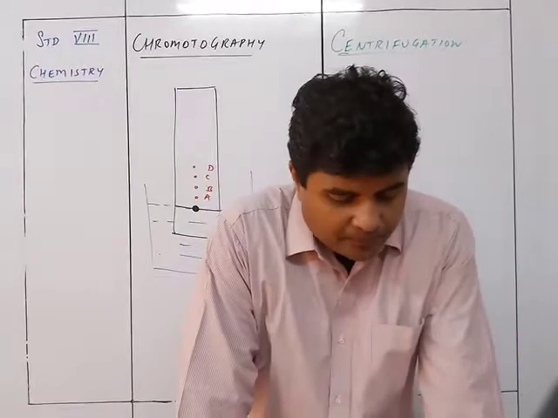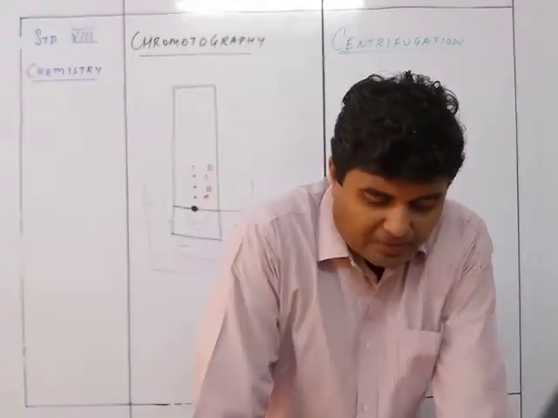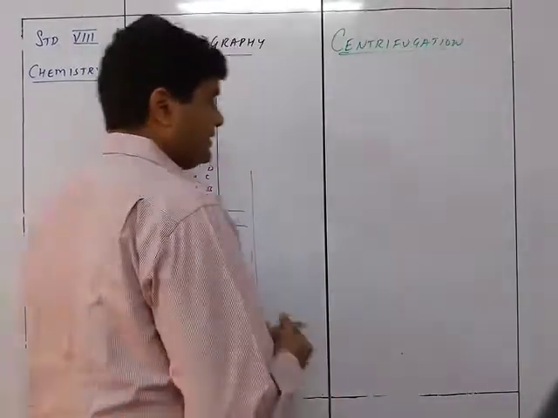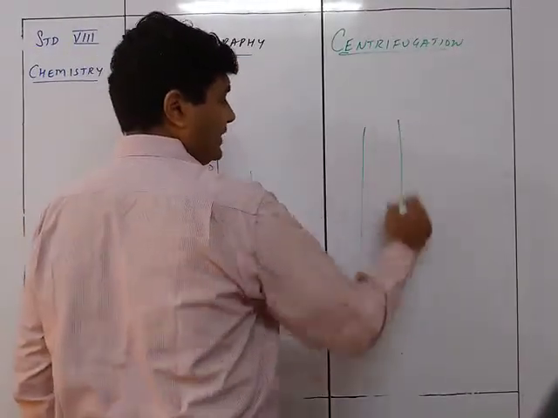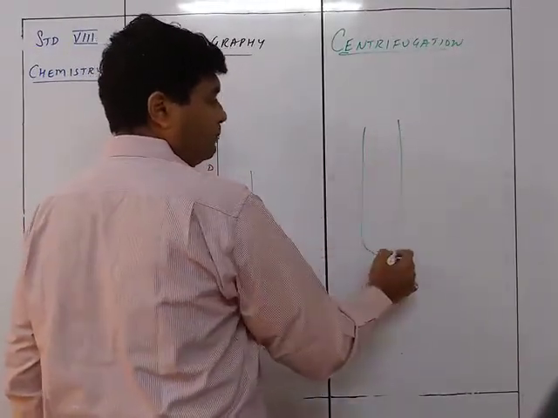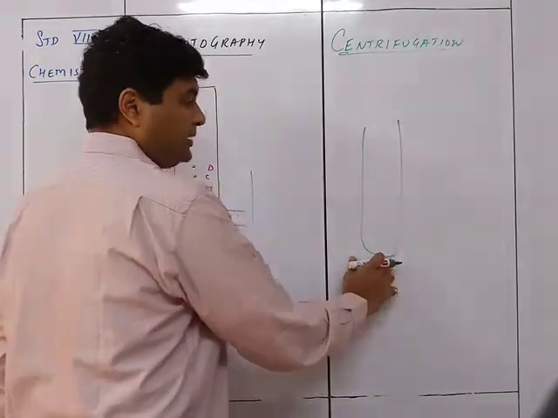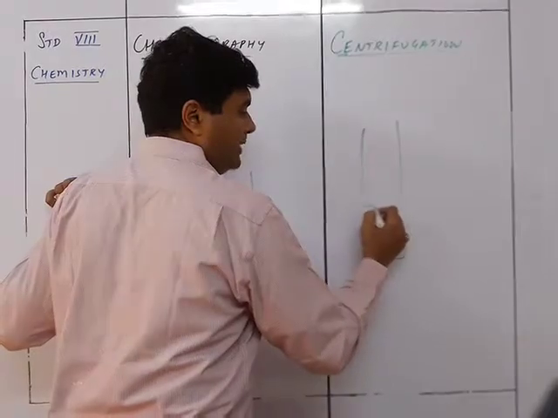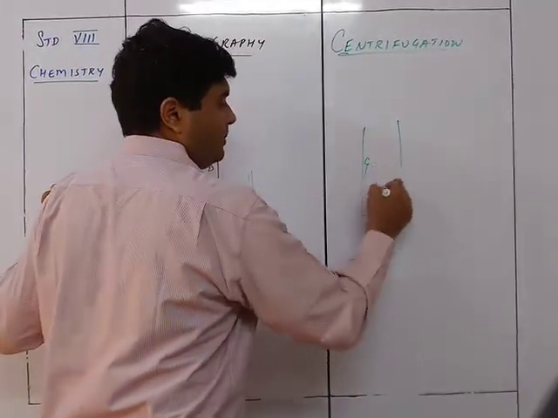So the denser part of the mixture migrates away from the axis. If this particular test tube was filled with, let's say, milk, and you centrifuge it, what will happen? The heavier part will be over here and the lighter part will be over here.